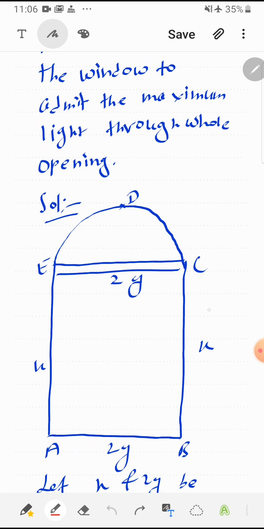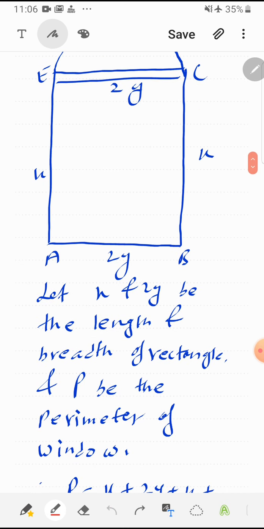Let x be the length of the rectangle and 2y be the breadth of the rectangle. You can also suppose y, but as I want to take half of this as the radius of the circle, to avoid the fraction I am writing 2y, otherwise you can take y and the answer will be the same. Now given the perimeter, let this be p.